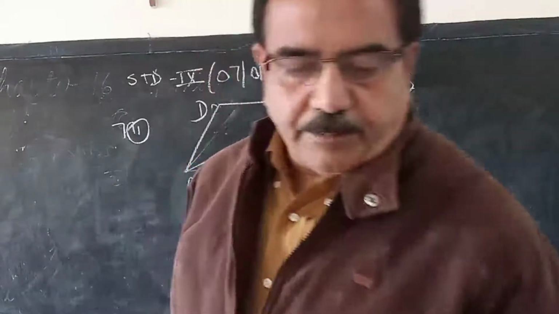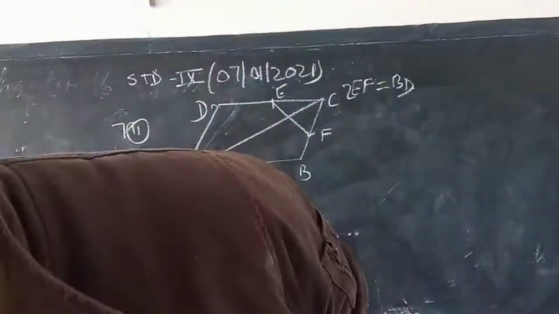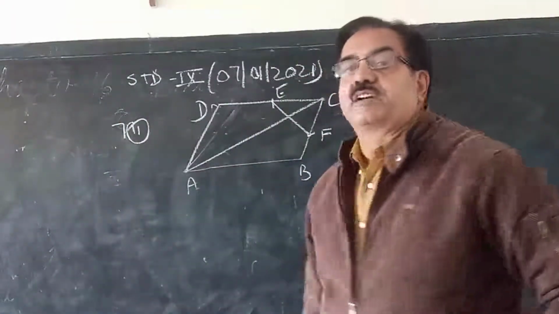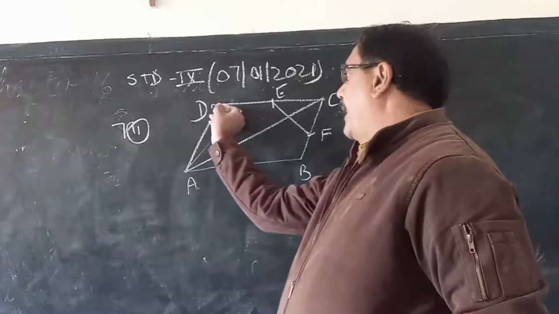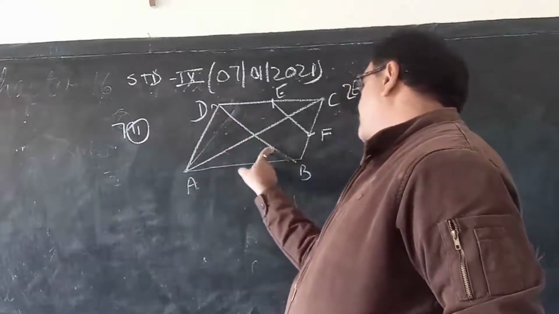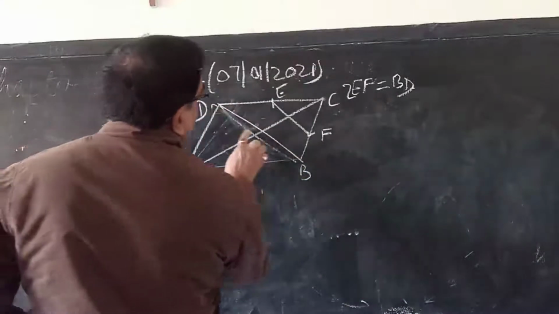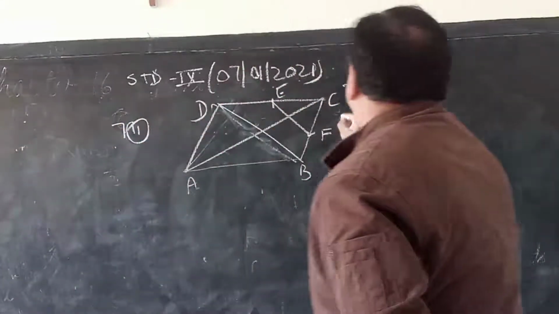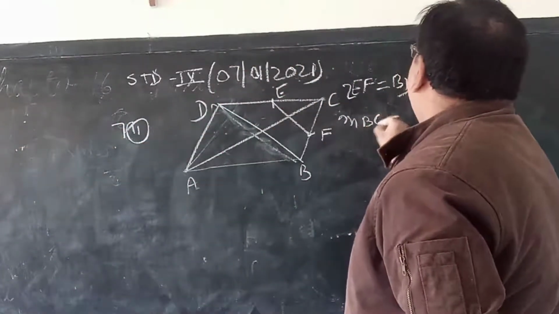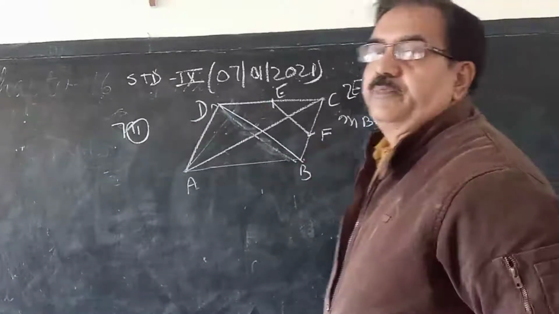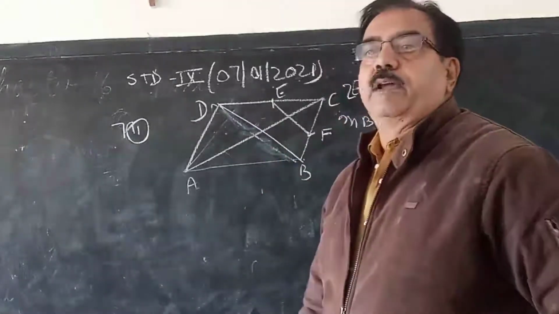Here also the same type of question, a quadrilateral is given. So first of all we have to construct to make it a triangle. Join BD. Construction. What is the construction? Join BD. Now see in triangle BCD, E is already given the midpoint.